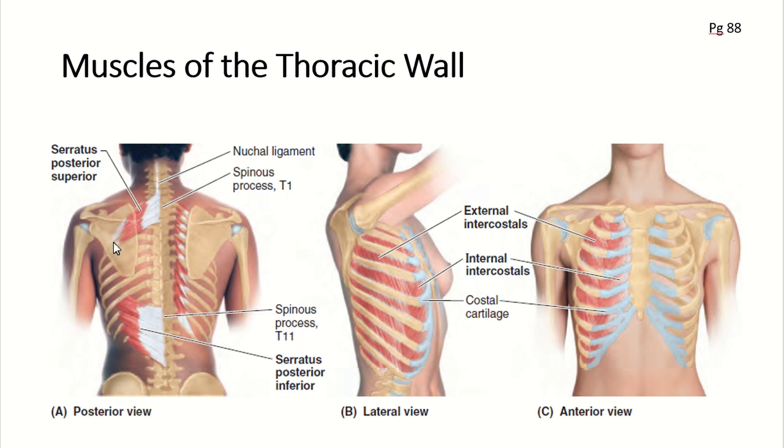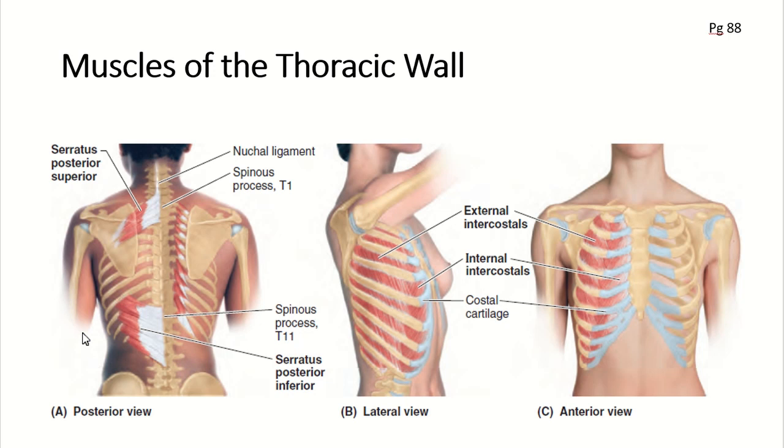So they're on the ribs, and they're supposed to elevate those superior ribs and increase the diameter of the thorax by raising the sternum. Whereas the serratus posterior inferior, which is all the way down here, is said to depress the inferior ribs, preventing them from being pulled superiorly by the diaphragm.